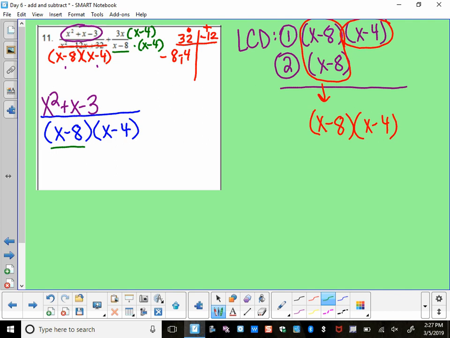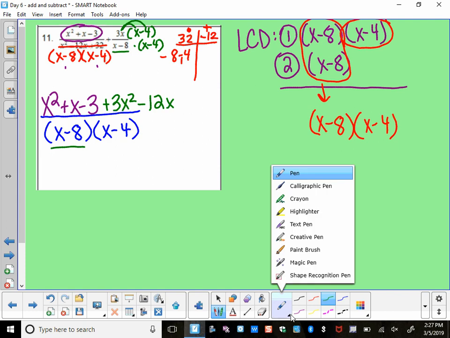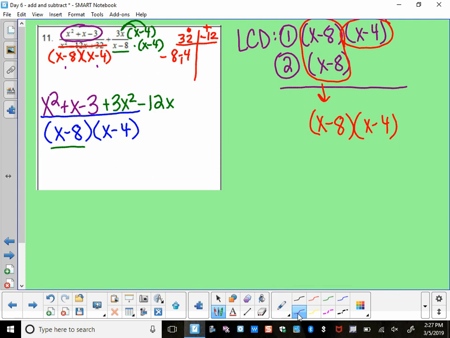So on top, I have 3x times x, which is 3x squared, and then 3x times negative 4, which is negative 12x. Now let's combine like terms for my numerator. We have x squared plus 3x squared, so that is 4x squared.